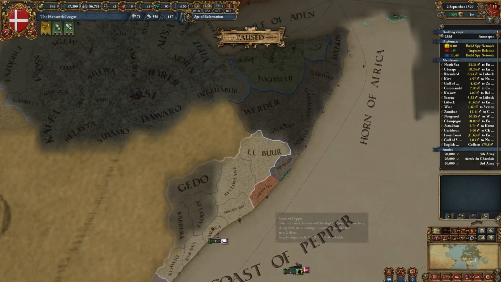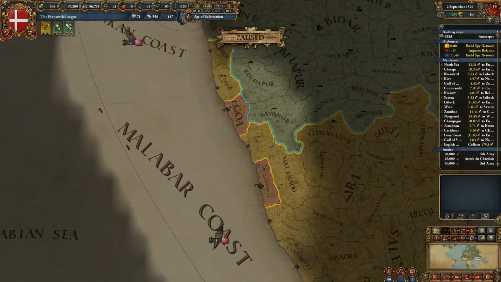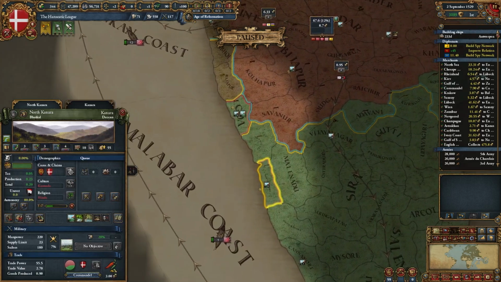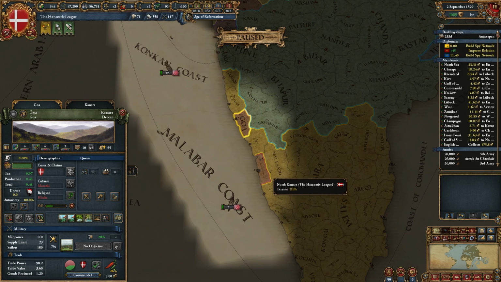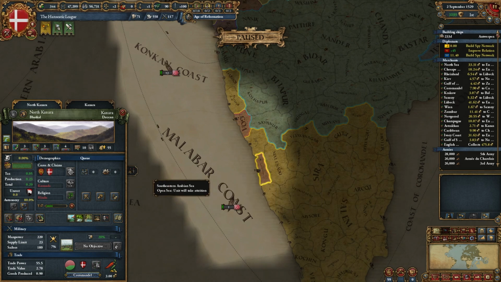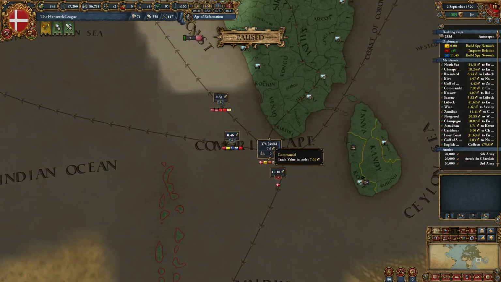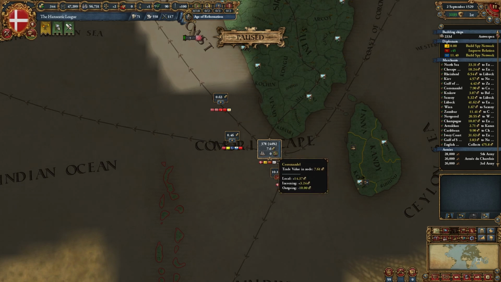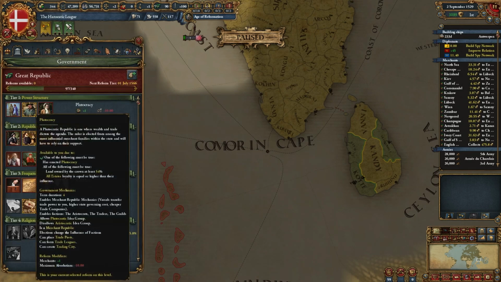On top of these East African things, I was doing the same thing in India already. And I chartered those 2 trade centers. They would give me 2 trade centers actually for around, I think, 6,000 to 7,000 ducats each. But those 2 trade centers give me already a trade portion of the Coromandel trade node of 44%, which is obviously mainly because of my plutocracy government type.